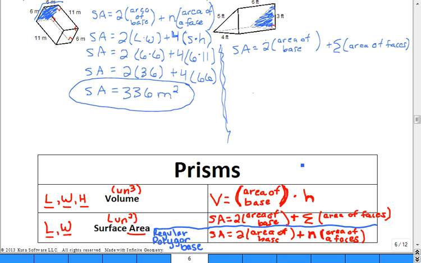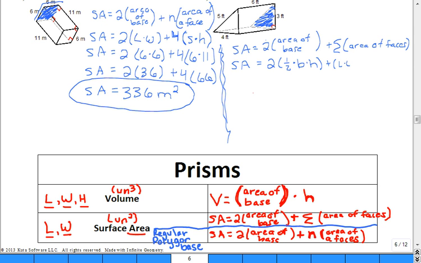Now in this case, my base is a triangle, so that's 1/2 base times height. Each of my faces is a rectangle. By definition, the faces of a prism are going to be a rectangle. I'm going to have 3 of those.